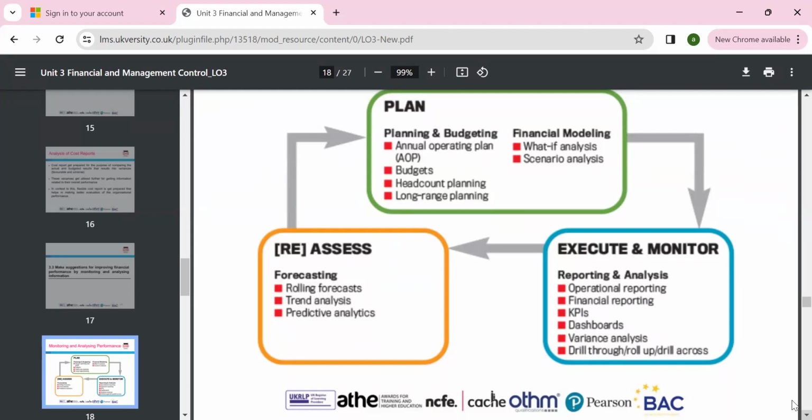We can look around reassessing forecasting, rolling forecast, trend analysis. We can look around predictive analysis. We can look around executive and monitor operating report, financial reporting, KPI, key performance indicator, dashboard, variance, and drill through, drill up, drill across. So that can be used.